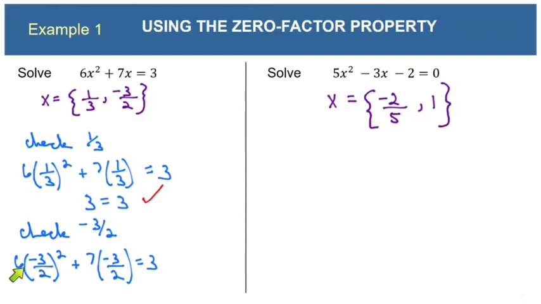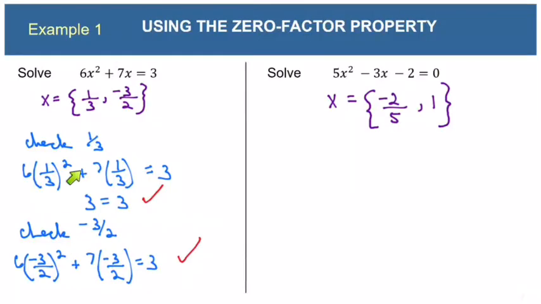You're going to say 6 parentheses, and you know parentheses are known to act as a times symbol as well. So 6 parentheses, negative 3 divided by 2, close the parentheses and square, and then say plus 7 times negative 3 over 2, or divided by 2, and press equal and make sure that that adds up to 3, and that one works as well.